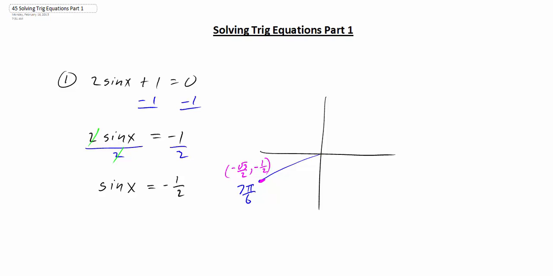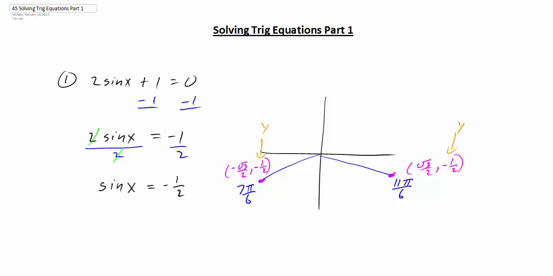And then also in the fourth quadrant, at 11 pi over 6, we have positive square root of 3 over 2 for the x, and a negative 1/2 for our y value. So here we have two possibilities where our y value is a negative 1/2.